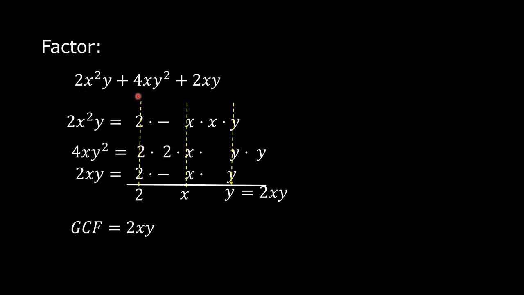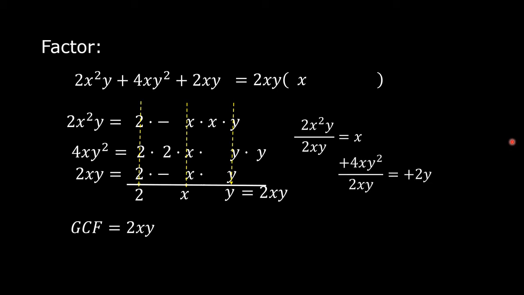Next, divide each term of the given polynomial by the greatest common factor. So this term divided by 2xy. So 2x squared y divided by 2xy is x. Write x here. And then positive 4xy squared divided by 2xy is positive 2y.